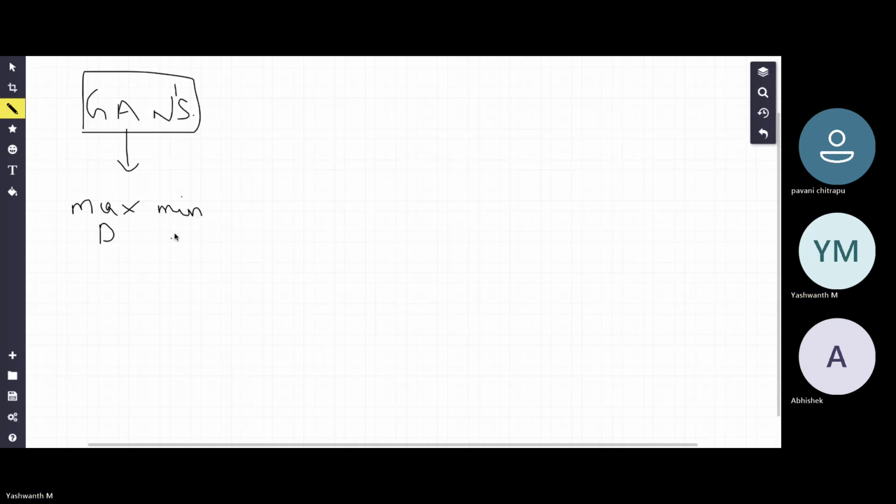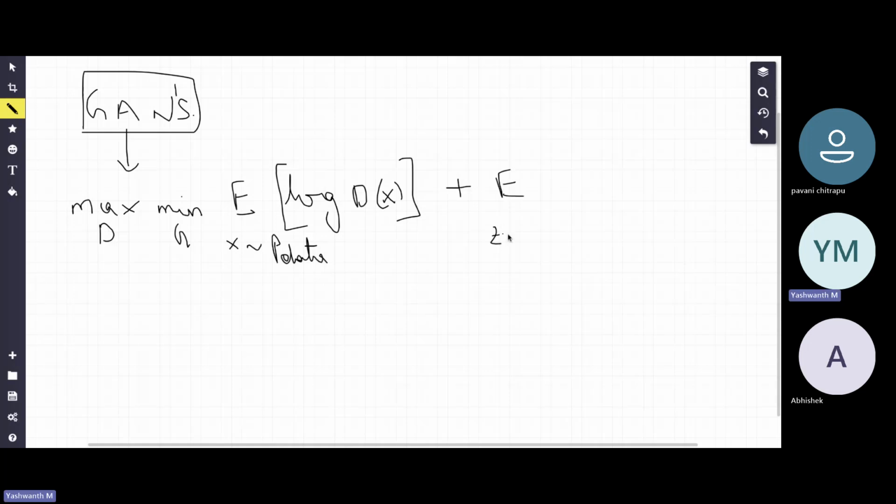Minimize over G, maximize over D, the expectation of log D(x), where x is sampled as per p data, plus the expectation over z, where z is sampled from p of z, of log(1 minus D(G(z))).